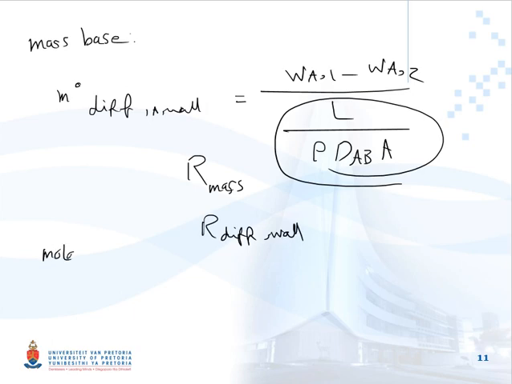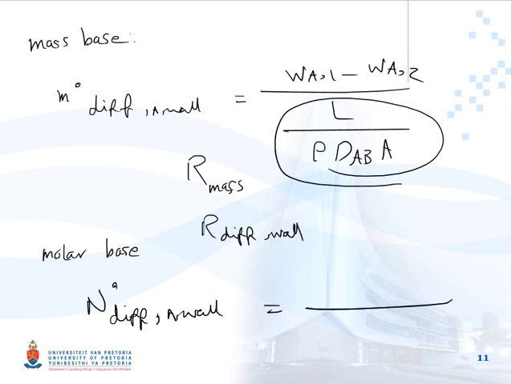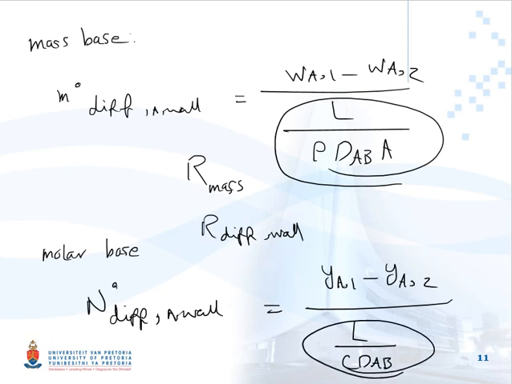And if we want to use the molar base, of course we are not talking about m anymore, we are talking about N diffusion A through the wall, which is equal to the molar fraction difference divided by L over C dAB, which we call R bar mass or R bar diffusion wall, which is molar diffusion resistance.